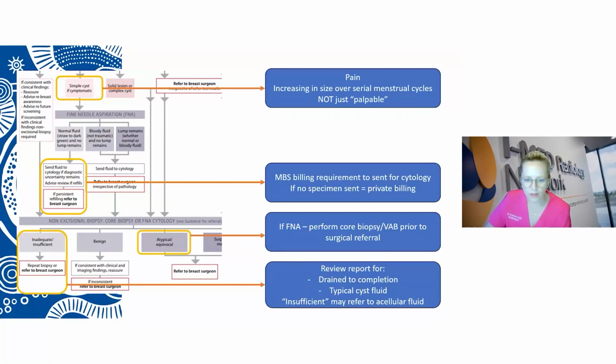And if they don't have it, they call it acellular and therefore inadequate or insufficient to make a diagnosis. So just be cautious before we get too worried about these things. The alternate to that is that there's a small papillary lesion there, but often we're not missing the boat with malignancy. Malignant lesions like to give up their cells.